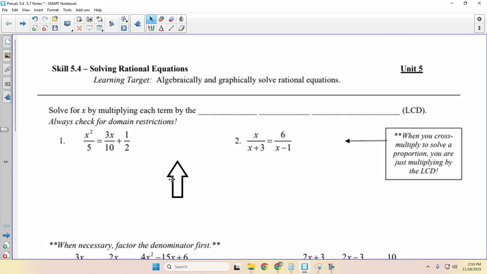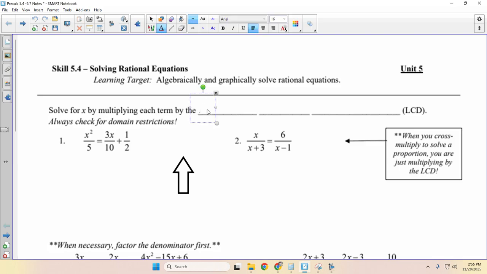We're going to solve for x by multiplying each term by the least common multiple, but we're specifically looking at the denominators.